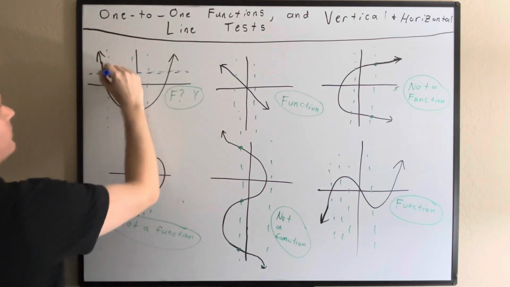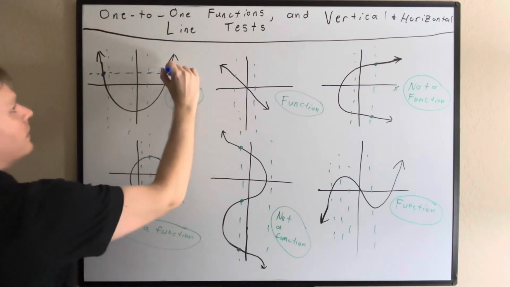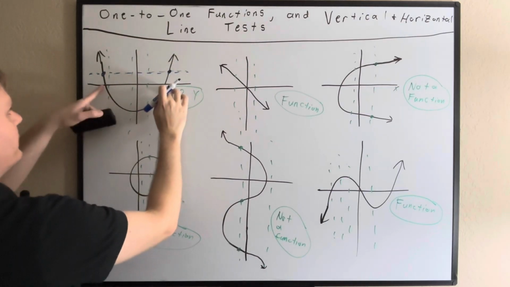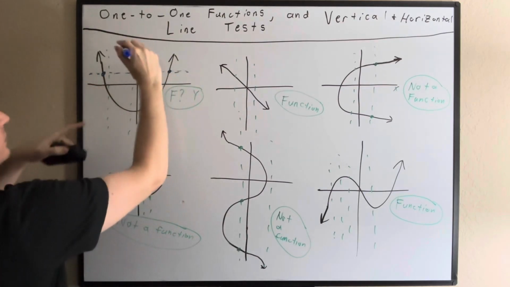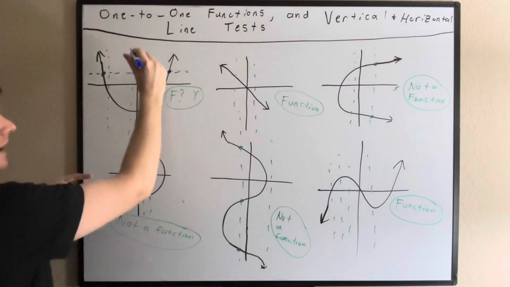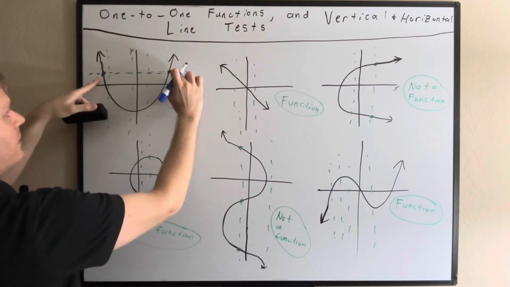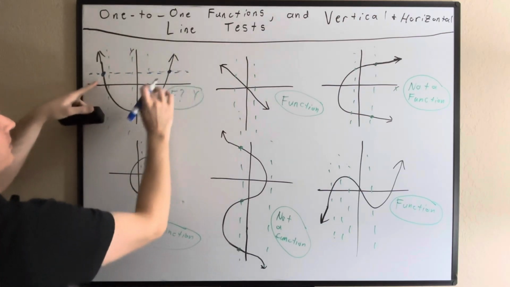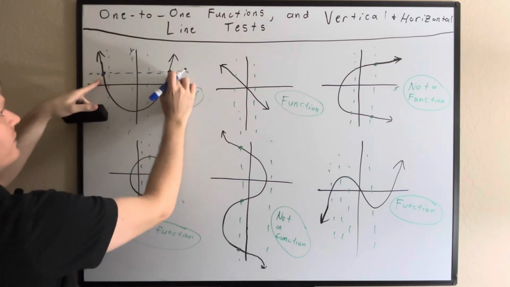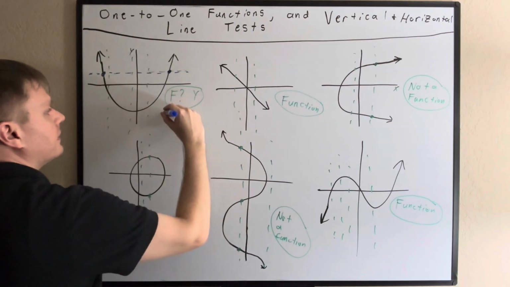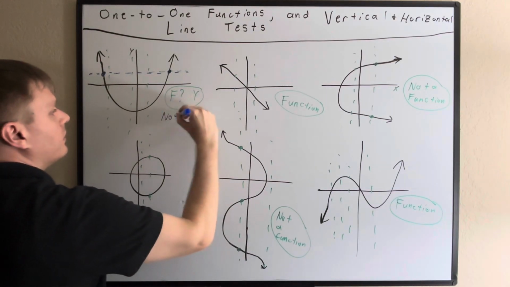We have two different inputs giving us the same output, right? Because the y-axis is the output axis, and those are the same y value. Even though they're completely two different points, they have the same y value. So that is not one-to-one.